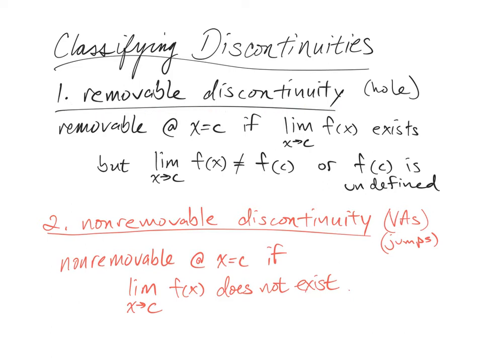And if you look at the removable discontinuity, f of c is undefined, and that would leave a hole in the graph. And the very last property for being continuous was the limit as x approaches c of f of x needs to equal the function evaluated at c. So knowing the 3 properties for continuity at a point really helps with the understanding of the discontinuities at a single point.